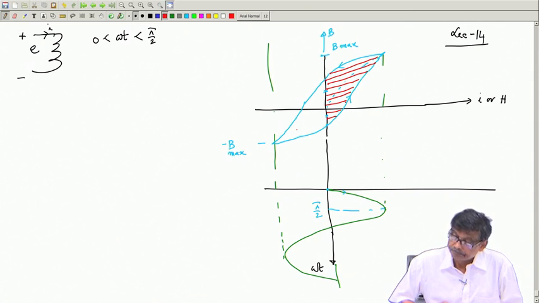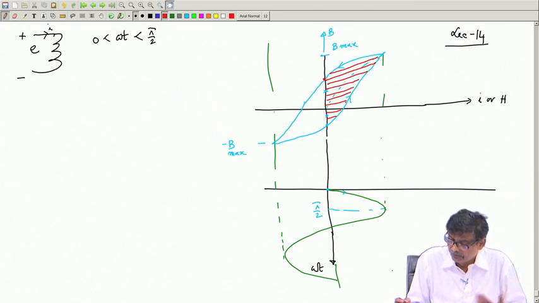Okay. And it will come to this point. Of course, current is changing on its own.